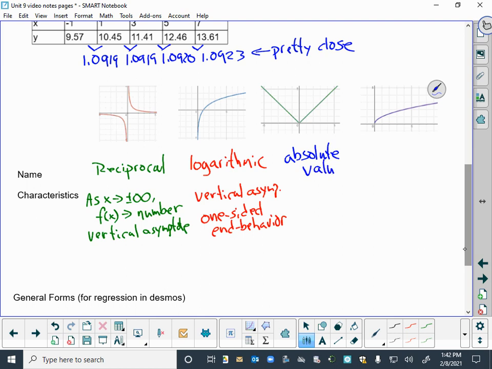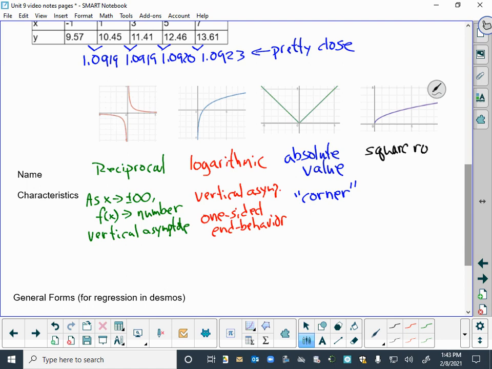We have not spent a lot of time talking about this. You can see that its big major characteristic is that it's got a sharp corner in it. We haven't come across any other functions that have a corner like that, and so that's something to look out for if it's going to be an absolute value function. And then finally down here, this is a square root.